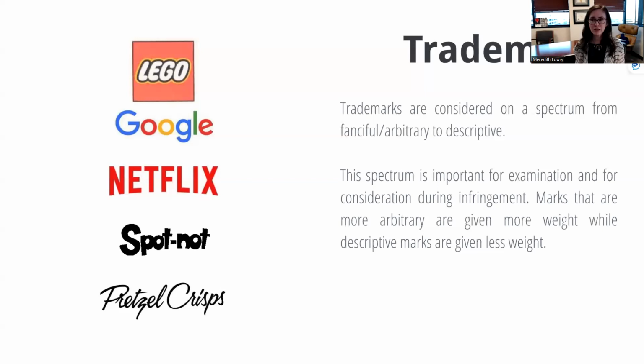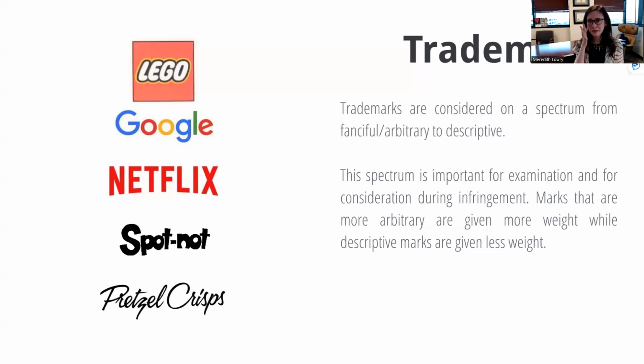So when we start looking at descriptive trademarks, we look at logos as well. The more fanciful and graphically designed a logo is, the more we can get those things through, like Spot Not. That's important to consider.